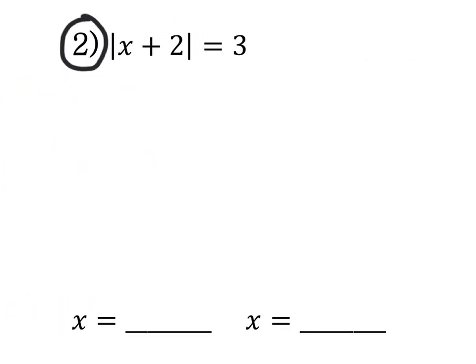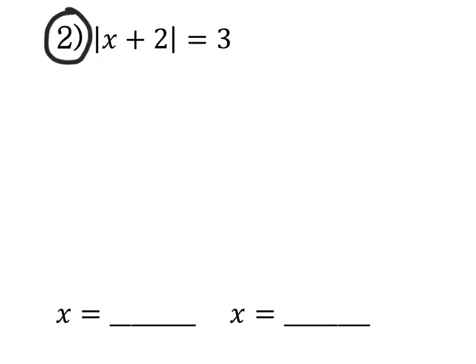Let's do one more. The absolute value of x plus 2 equals 3. Again, if we want to drop the absolute value signs, we need to set this equation equal to the positive and negative version of 3. So we'll have two equations. x plus 2 equals positive 3, and x plus 2 equals negative 3.